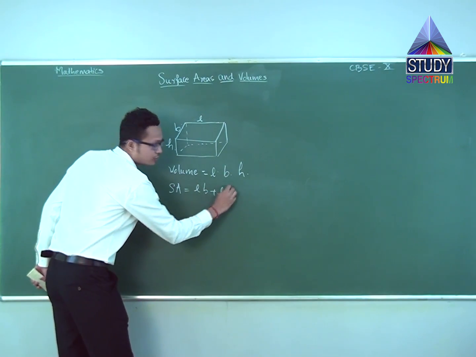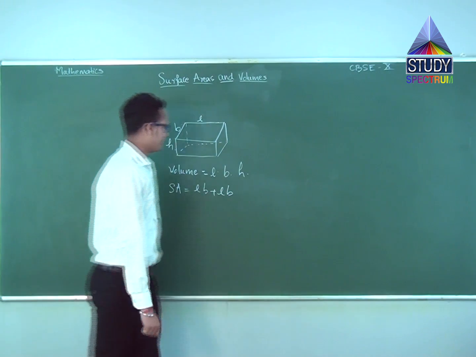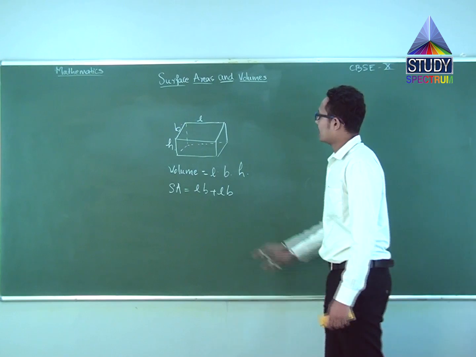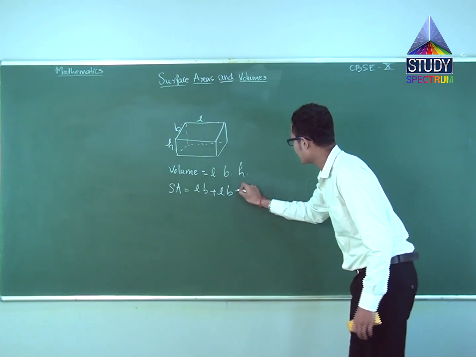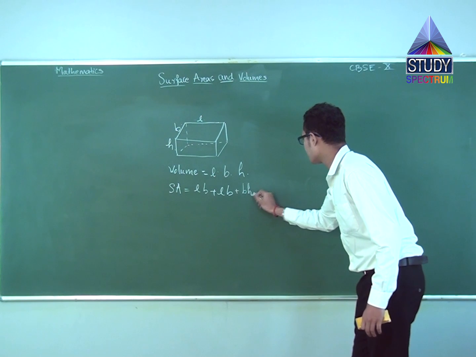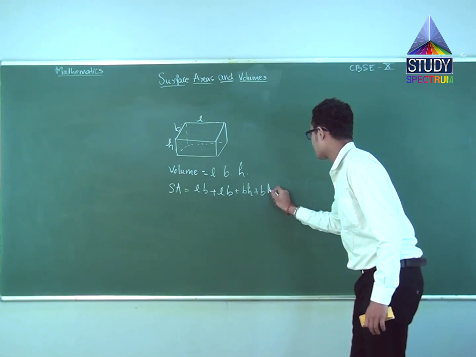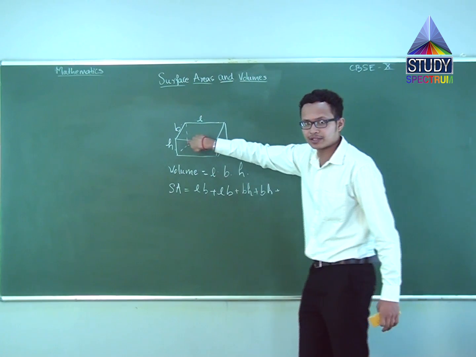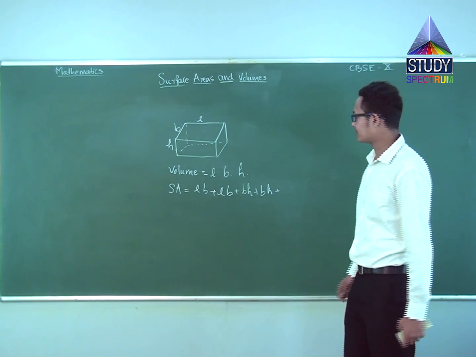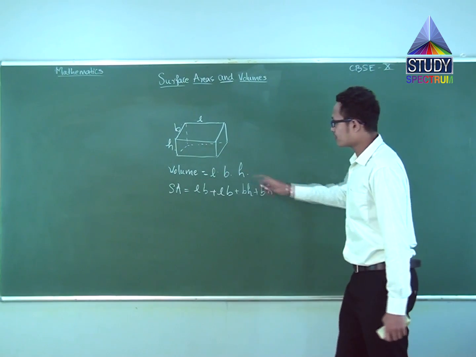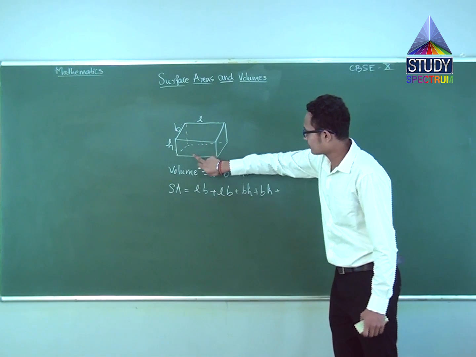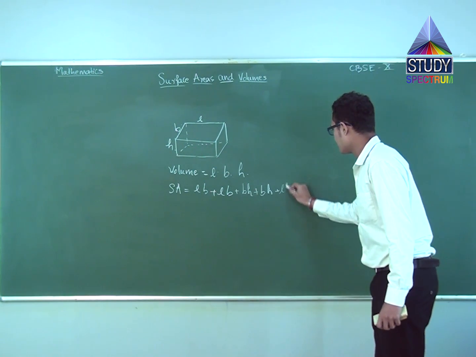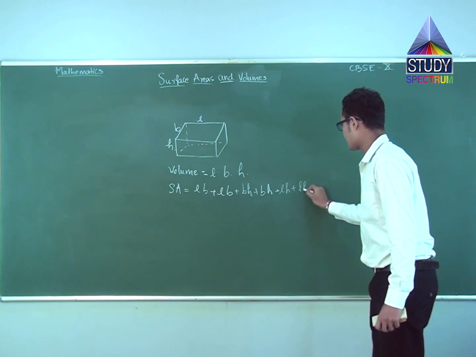Then if I take the right and left faces, I'll have B into H plus B into H. Why 2 times? Because there are 2 faces. The third pair of faces we are dealing with here is L and H. So L H plus L H.